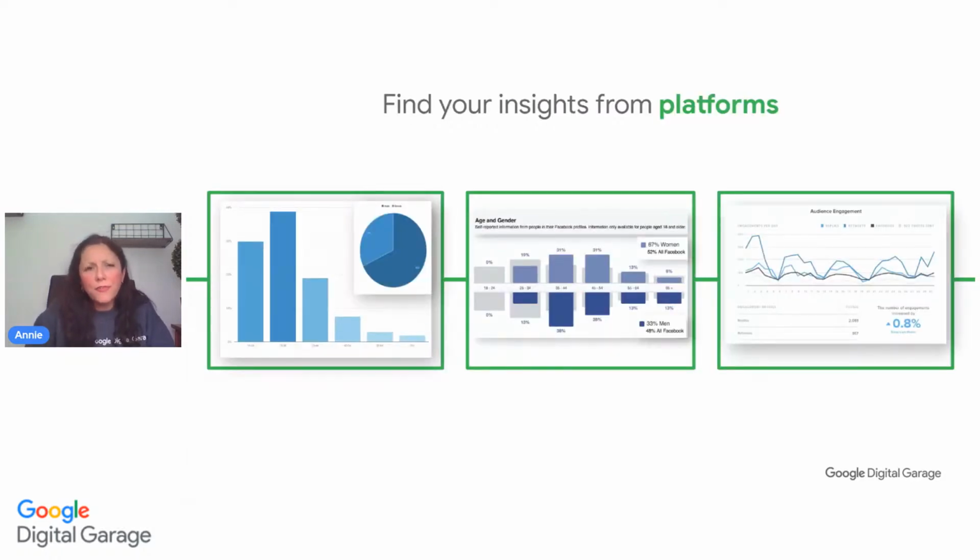So aside from just doing that real world research, we have those insights in those rich platforms that I talked about earlier. So Google Analytics is one of them. But also there are these different social media platforms. This is a screenshot here of the Google Marketing Platform, and it shows us the demographic report.